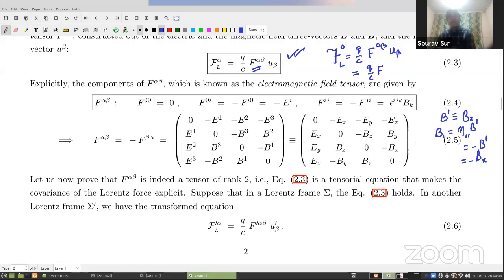But F00 is 0, so it can only be a space index, F0i Ui. So this is Q over C, F0i is minus Ei, times Ui.